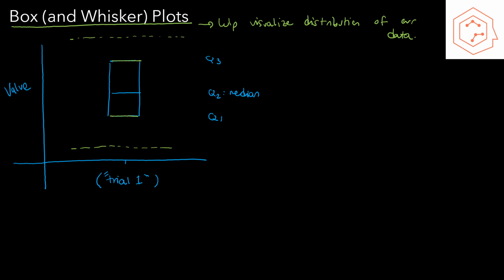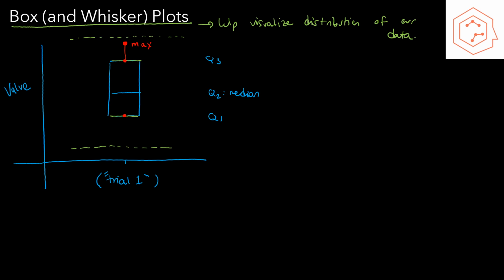Then you'll extend two whiskers from the third quartile and from the first quartile. The third quartile one is going to connect to the maximum value that's within the upper fence. So if you have an outlier, you're not going to connect to that outlier. Anything that's within the upper fence, that's going to be your maximum.